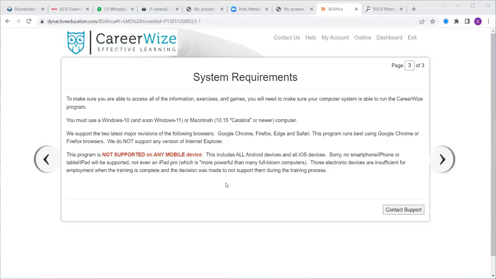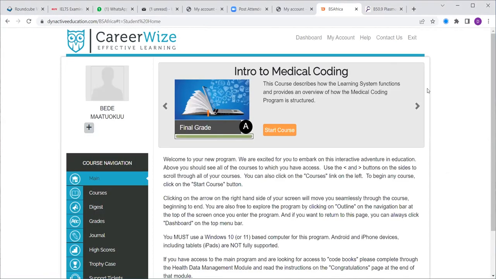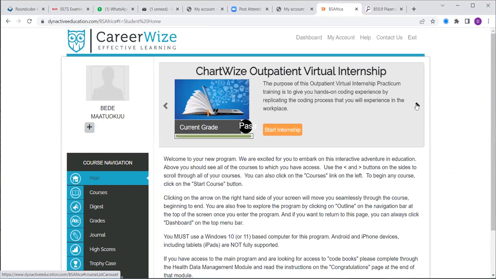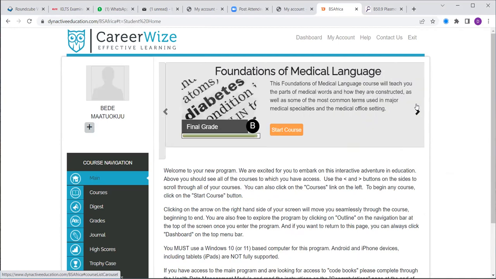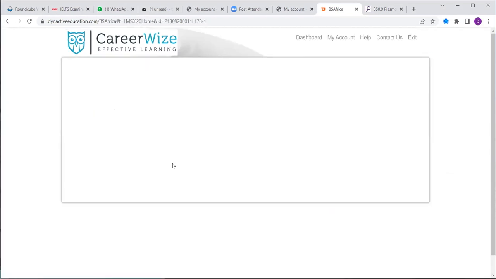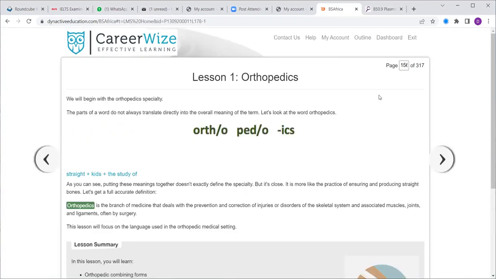Now, so that's just the background. Let me show you the first course you'll be doing, which is the Foundations of Medical Language. One second. Good. The Foundations of Medical Language is a 317 page course you have to go through.